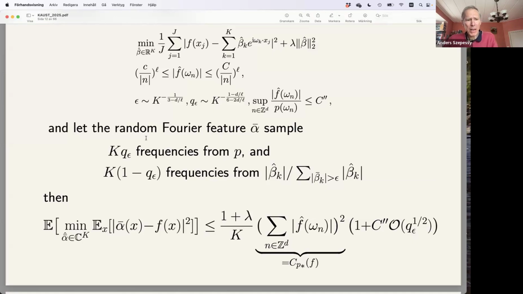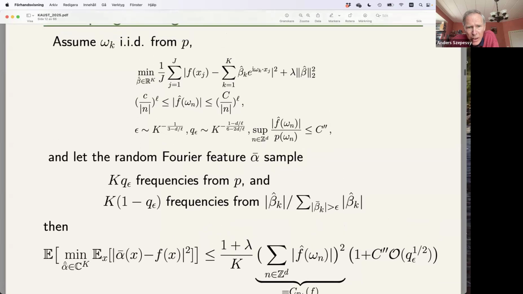What does the resampling mean? The resampling means to sample many frequencies, k times 1 minus q, so q is small, so approximately k frequencies. We are going to sample from a density proportional to the amplitudes of the neural network that we have obtained here with this density p.